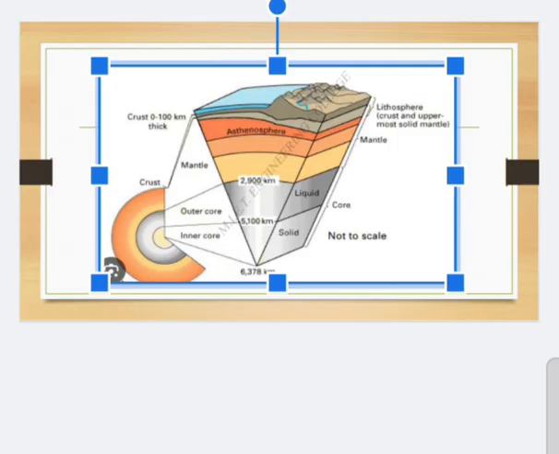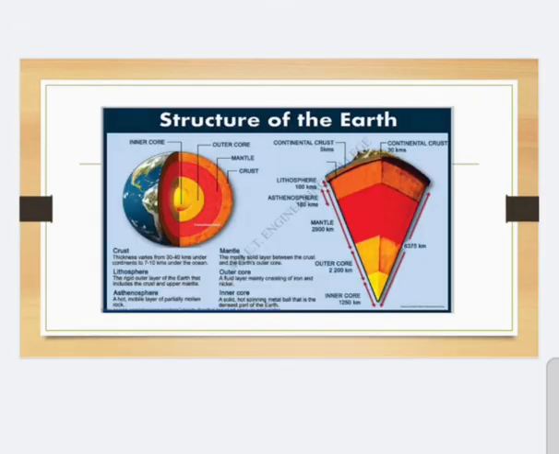Generally the crust and the uppermost solid part is the lithosphere. In this first diagram, the yellow portion is the inner core and outer core, the red portion is the mantle, and the last orange portion is the crust. In the crust, the thickness varies from 30 to 40 kilometers.